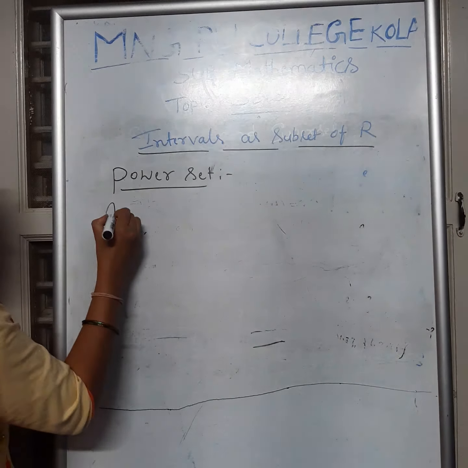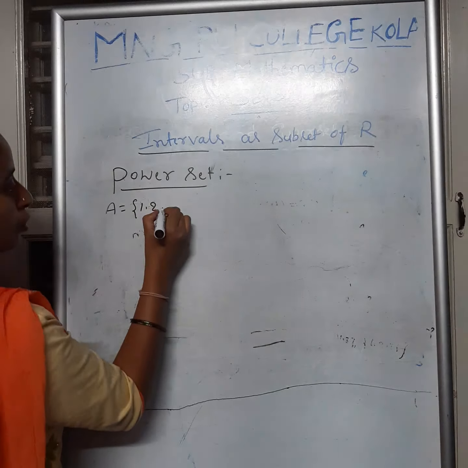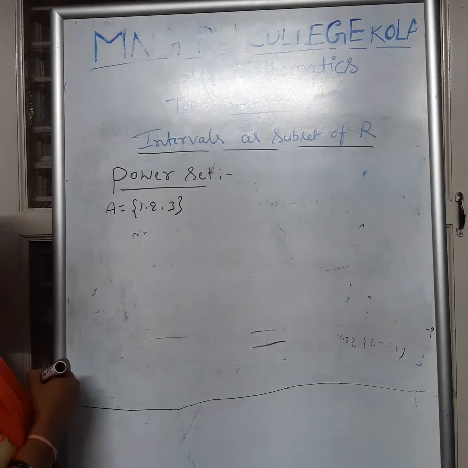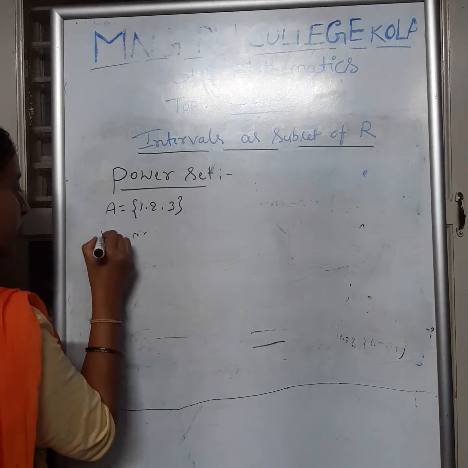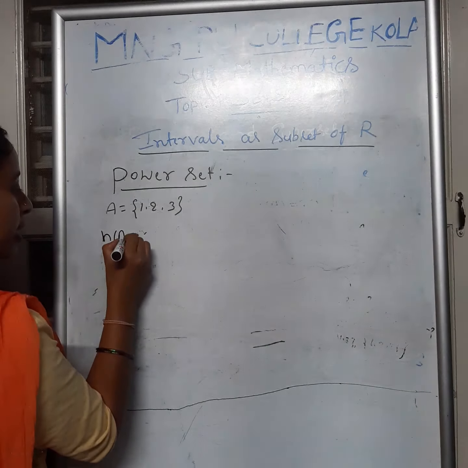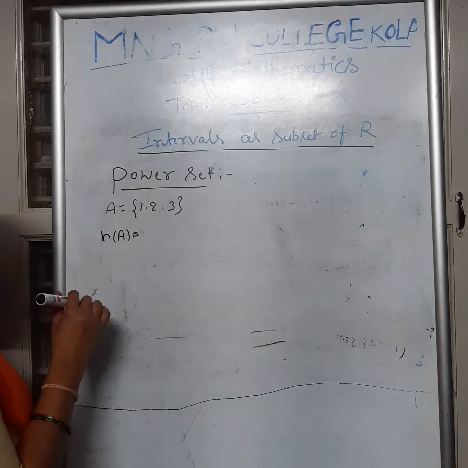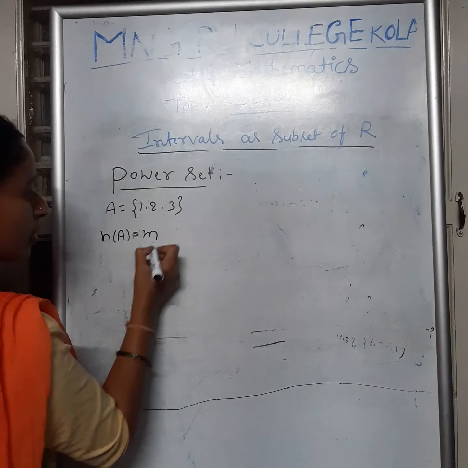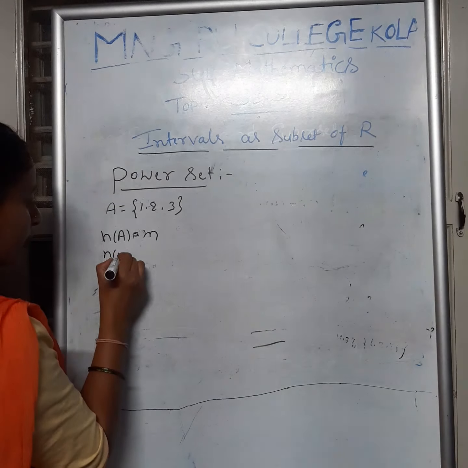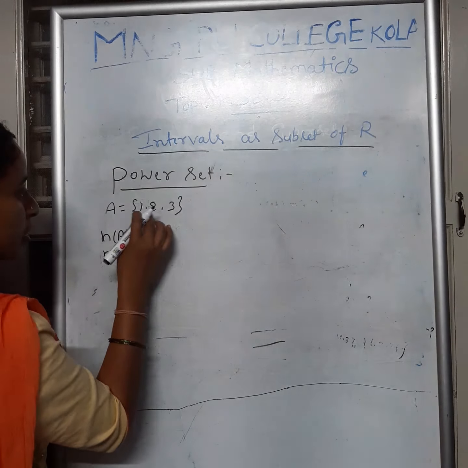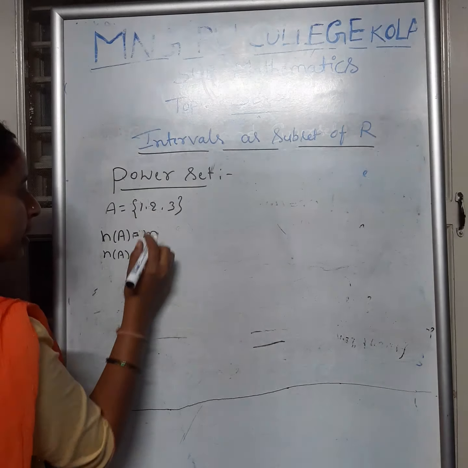I'll take the example of 1, 2, 3. Let's find out the power set. First, let's find out the m value. This is the formula: the number of elements in A equals, how many elements are given? 1, 2, 3.